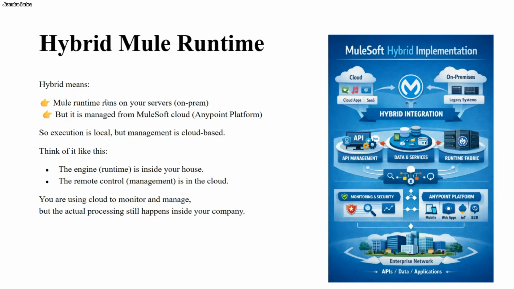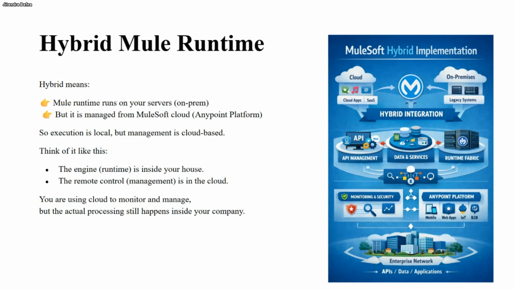Hybrid means your Mule runtime is running on your on-premises system or your customer-hosted environment, but it is completely managed from the MuleSoft cloud. If you want to apply a policy for an API running on your on-premises, you can apply it from the Anypoint platform, right? If you want to deploy your application, you can do it from Runtime Manager.